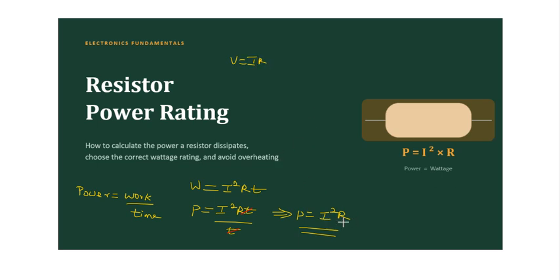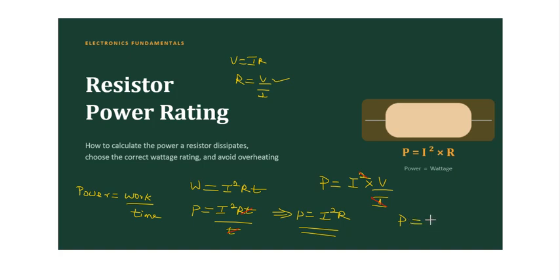Now, by the time we import that here, we can say R is equal to V over I. If we decide to substitute this into this formula here, P is equal to I squared R, we can have it as P is equal to I squared multiplied by R, which is equal to V over I in terms of Ohm's law. So by so doing, one of these I takes care of this. And then we have it that P is equal to IV, right?